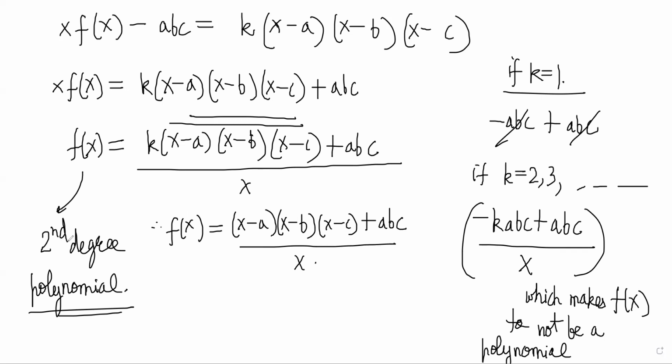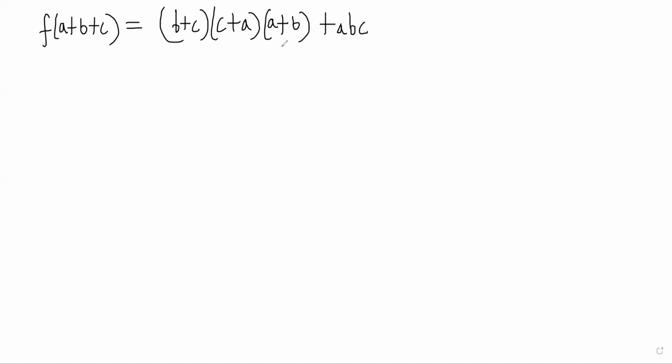So now we can easily find the value of f of a plus b plus c. f of a plus b plus c would be putting a plus b plus c into it, you get b plus c, a plus b, plus abc divided by a plus b plus c. And we can simplify this a little bit if you can factorize the top part.